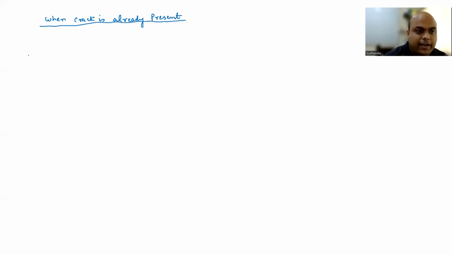Okay, so you have a crack, and we are talking about commercial metals and alloys. You are going to have the inclusions, right? So you have a crack, and this crack is seeing inclusions in front of it, right? We also know that the stress is going to be higher, right?